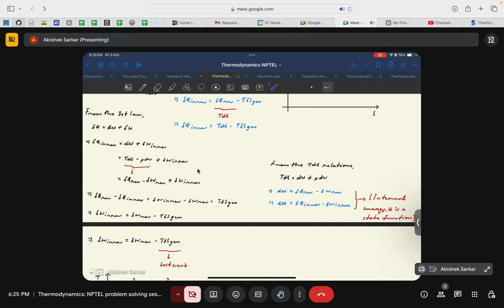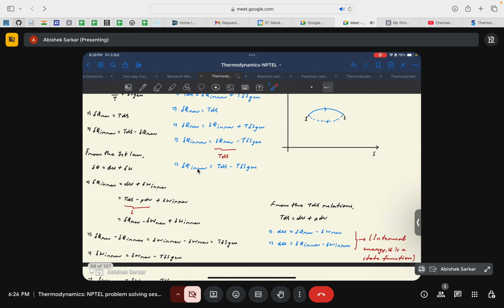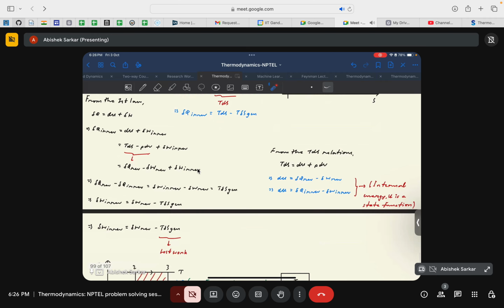That's why this change in internal energy is valid for both reversible heat transfer and work transfer, as well as irreversible heat transfer and work transfer, considering the change occurring between these two state points. So because of that, we can write this δQ irreversible as δQ reversible minus δW reversible plus δW irreversible. Or if you rearrange this equation, I think I have to write it here for better clarity.